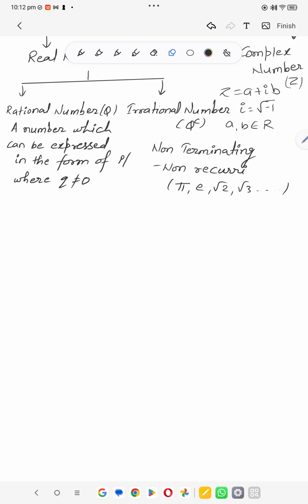Now we will divide the rational number into two parts. First one is the integer and the second one is the fraction.